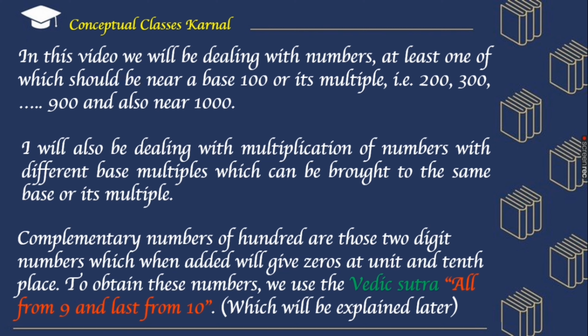I will also be dealing with multiplication of numbers with different base multiples which can be brought to the same base or its multiple. In this video, we will be using complementary numbers of 100 rather than 10, which are two digit numbers, and for this we will be using the Vedic Sutra, all from 9 and last from 10, that I will explain a bit later.